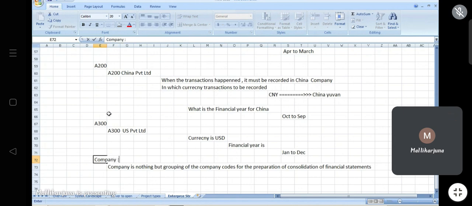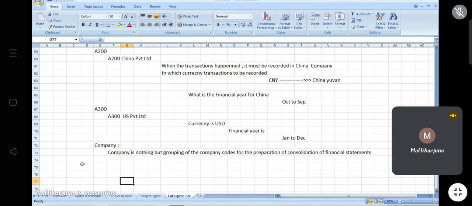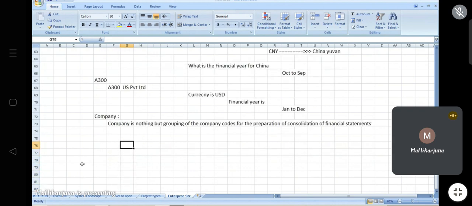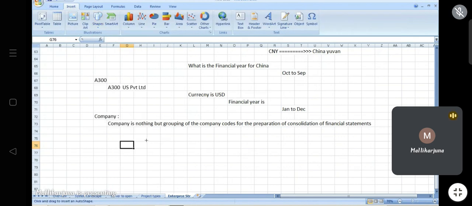So a company is nothing but a grouping of company codes for the preparation of consolidated financial statements. One company can have n number of company codes, depending on the size of the business.